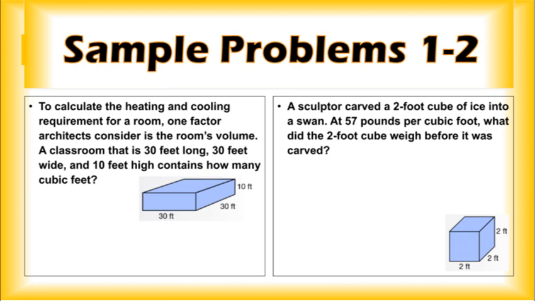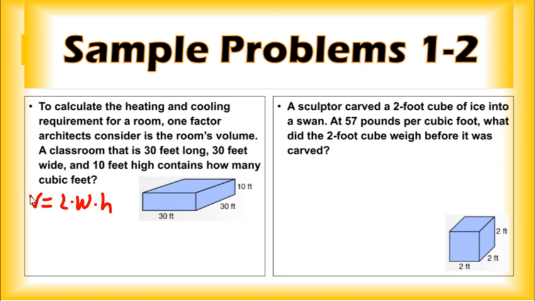So let's take a look at an example here. To calculate the heating and cooling requirement for a room, one factor architects consider is the room's volume. A classroom that is 30 feet long, 30 feet wide, and 10 feet high contains how many cubic feet? So you have that pictured here, and we know that volume equals length times width times height, or area of the base times the height.